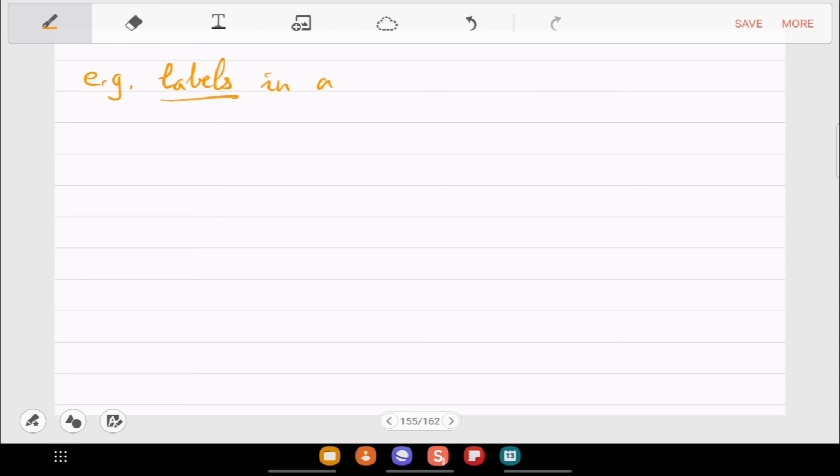Labels in a tree. We'll use now labels, which is where exactly a node is present. We'll think of it as an array. So what it means is the following.